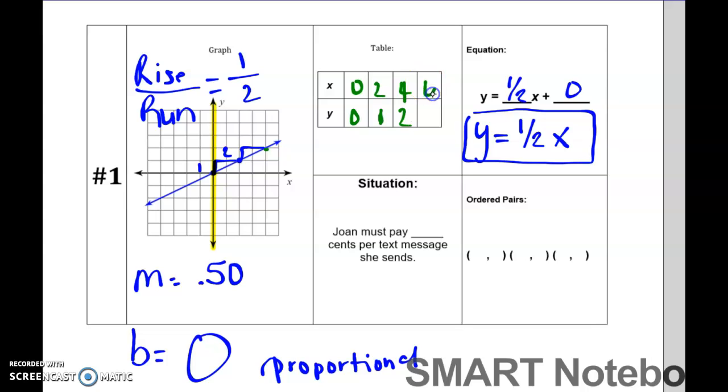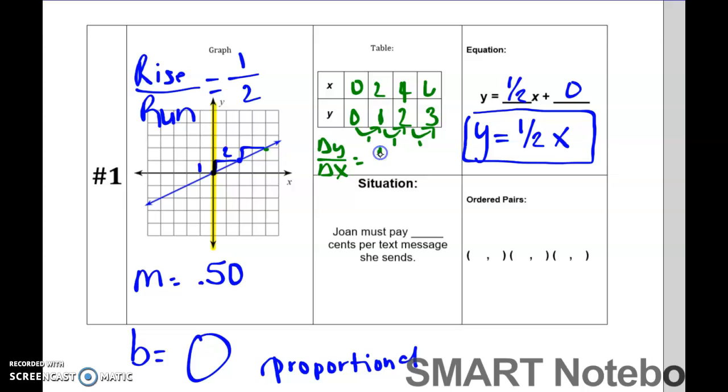And if I continue the pattern, this is what you would have. And you can see it's the same linear relationship because if I did change in y over change in x on my table, you will see my change in y is 1 because to go from 0 to 1 is 1, 1 and 2, 2 to 3, that's 1.